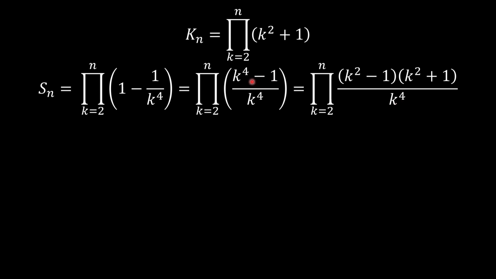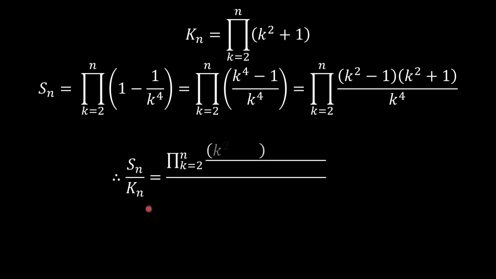This is simply a difference of 2 squares. Here, this is the same as k squared squared minus 1 squared. So if you have a squared minus b squared, that is the same as a minus b times a plus b. So that's what we've done here: k squared minus 1 times k squared plus 1. So what is Sn over Kn?